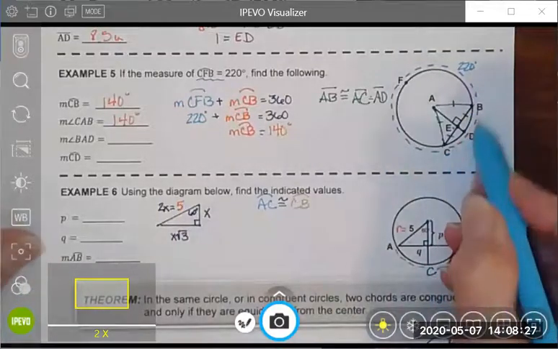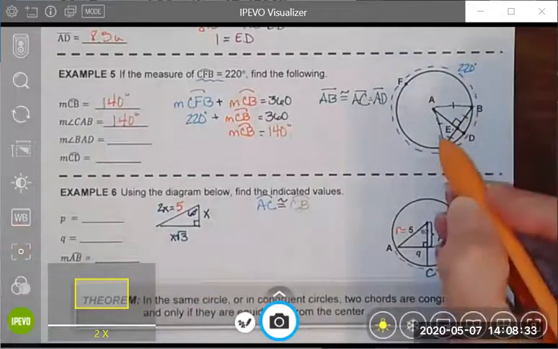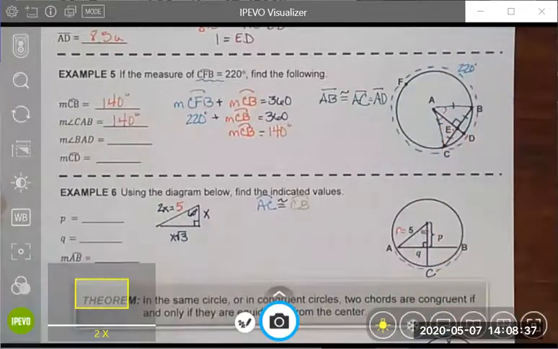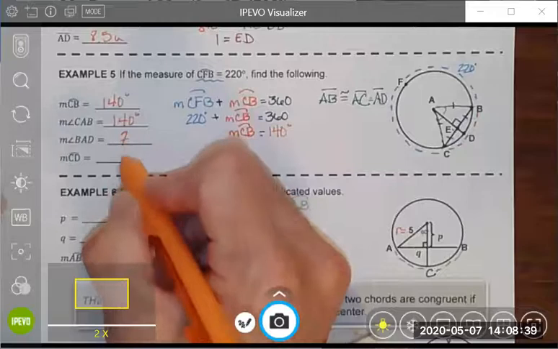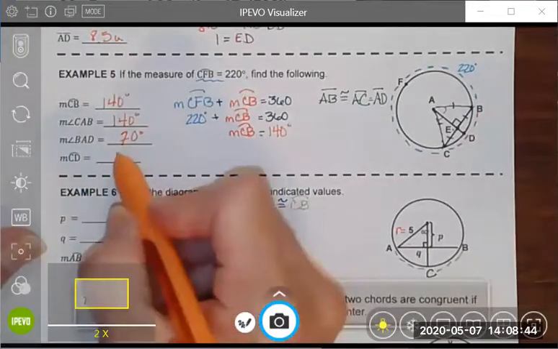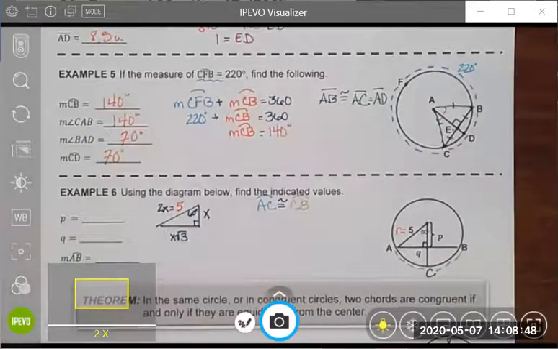And I know that the arcs are going to be congruent. So if this whole thing is 140 degrees, then I can surmise that it's split equally into two pieces, making angle BAD a 70-degree angle. And because its arc is also bisected, arc CD is 70 degrees.